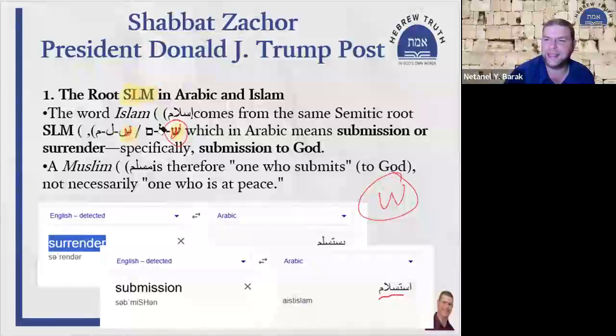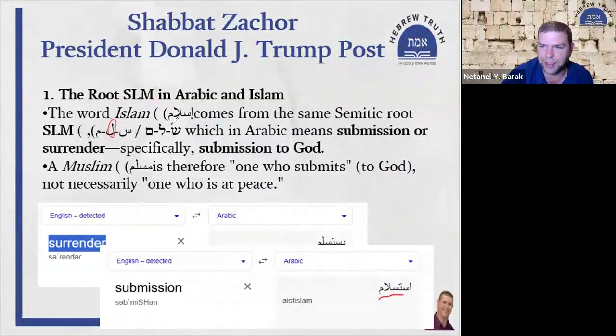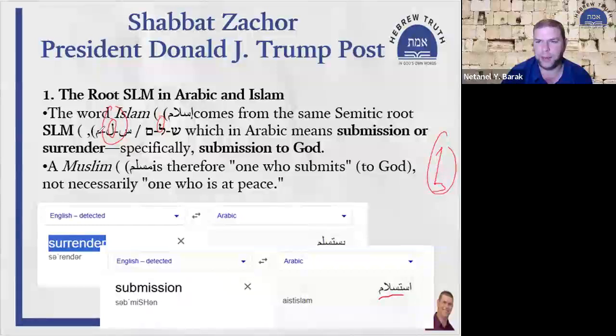Okay, let's see the next one, the lamed, and the equivalent for that in Arabic. You have this line going upwards, which in some cases, if you look, for instance, in the Dead Sea Scrolls, the lamed looks more like this. So the line going upwards is characteristic of the lamed and the equivalent of that in Arabic.